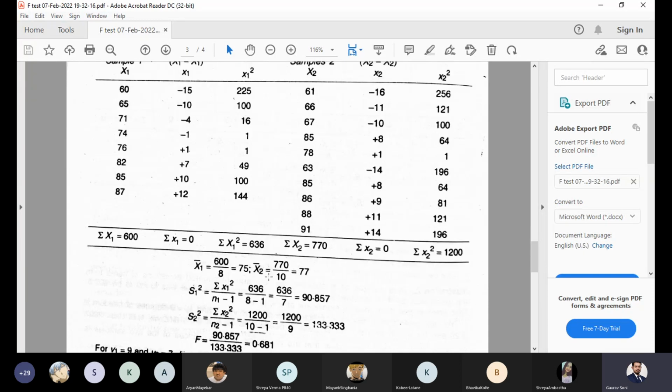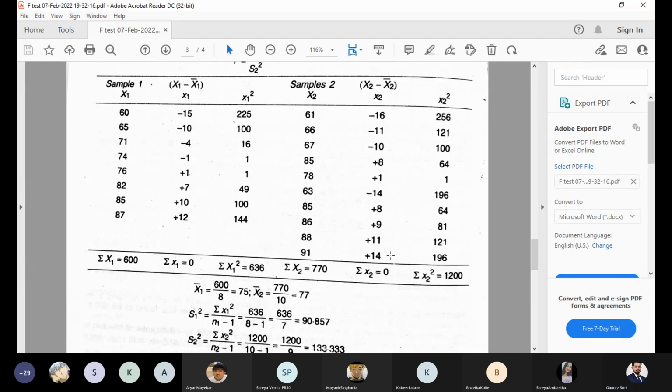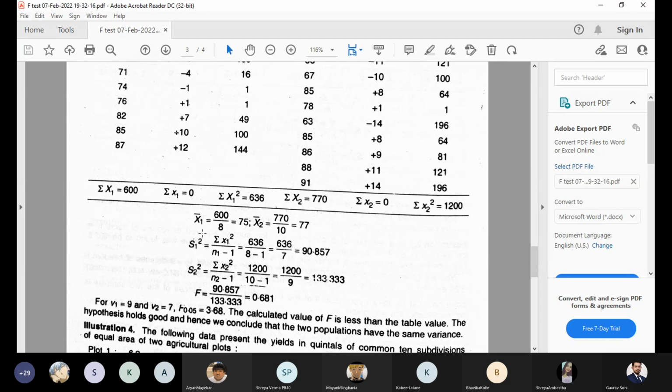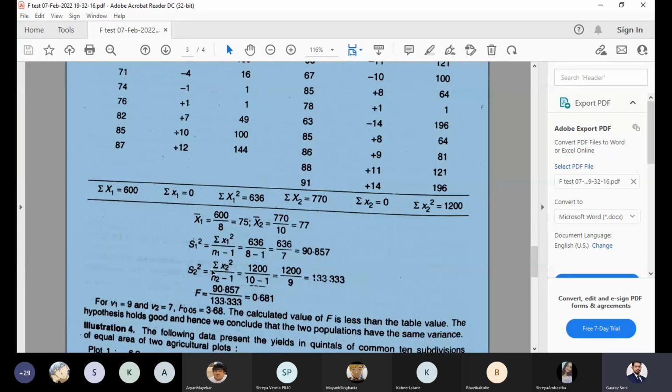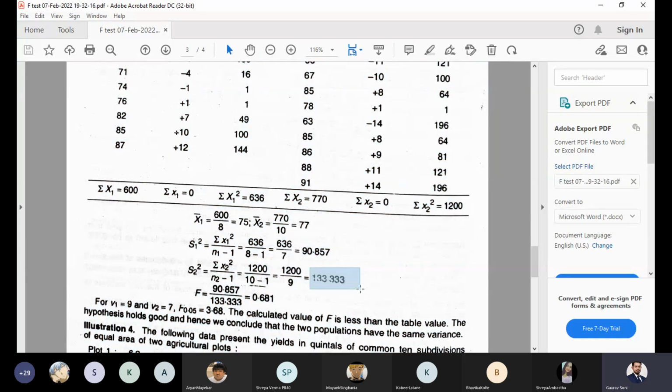So we have done x1 square. Similarly, x2 square, as summation x2 is 0. So x1 bar is this, x2 bar is this. Then we find the value of s1 square is 90.857, s2 square is 133.33. s1 square upon s2 square turns out to be 0.681.